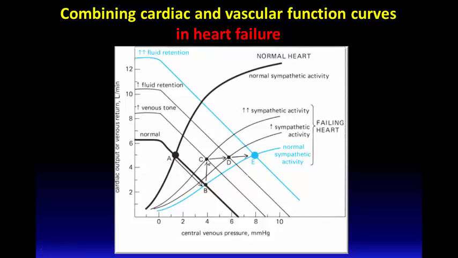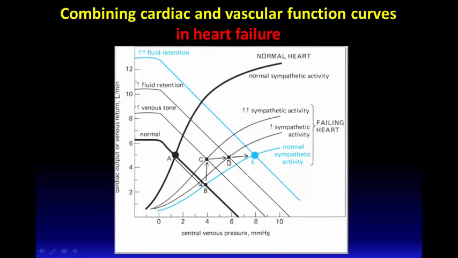Other compensatory mechanisms operate when the heart fails, and these include fluid retention, and we have described this in detail in the lecture on heart failure. And when there is fluid retention, the venous return curve shifts more to the right, and now we have a new equilibrium point.